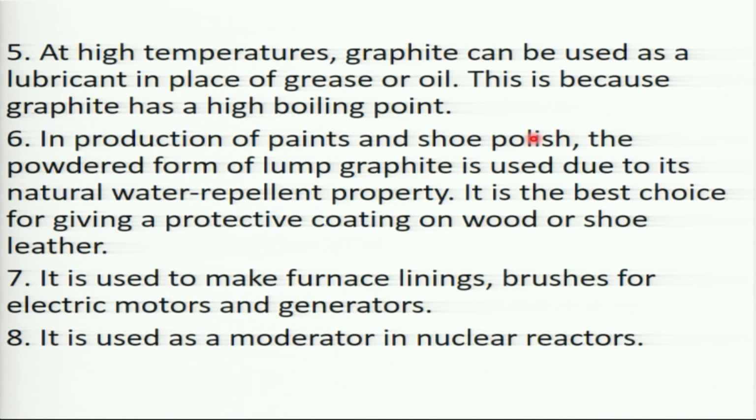You remember in the physical properties, we said it is black. So when they want to make black shoe polish, they will apply graphite. The powdered form of lamp graphite is used due to its natural water repellent property.